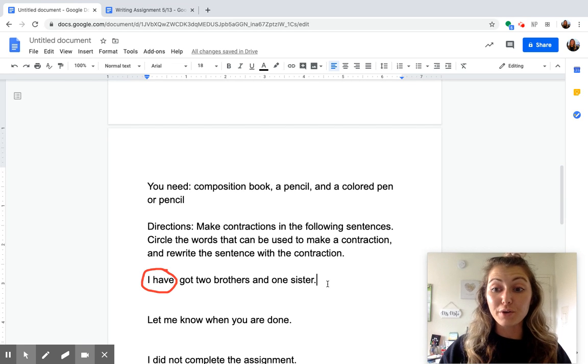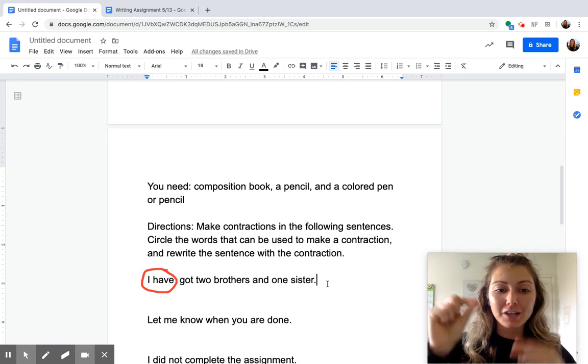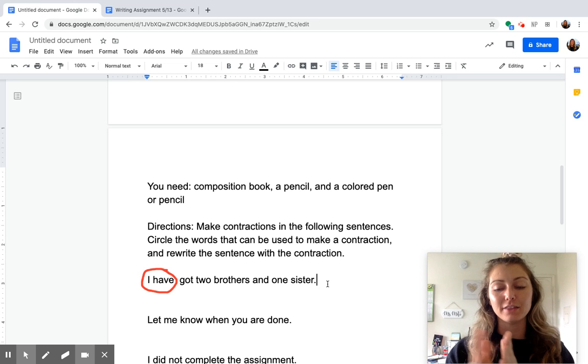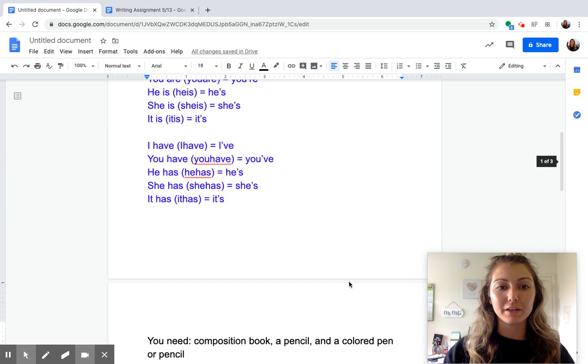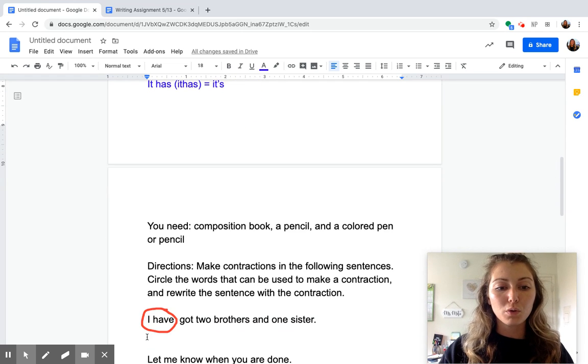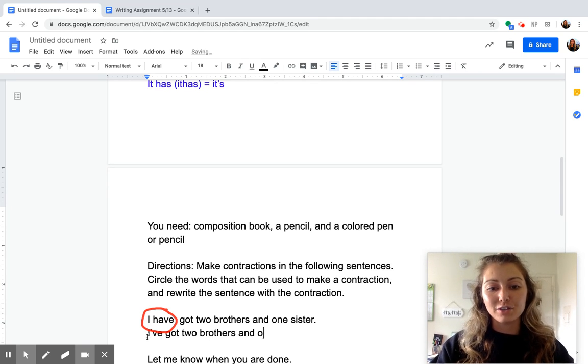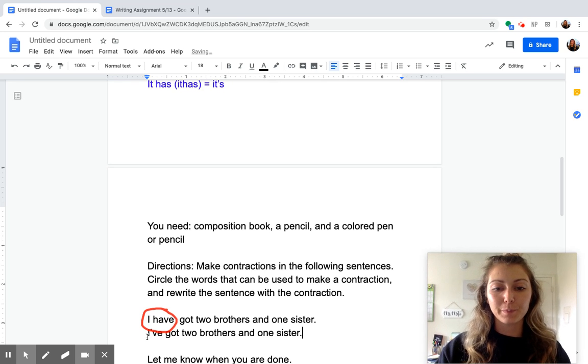So when we rewrite our sentence, we're going to combine I and have. We're going to drop the HA. And we're going to put an apostrophe between I and the VE. If we look back up here at our example for I have, we see the contraction is I've. So on the next line here, I've got 2 brothers and 1 sister.